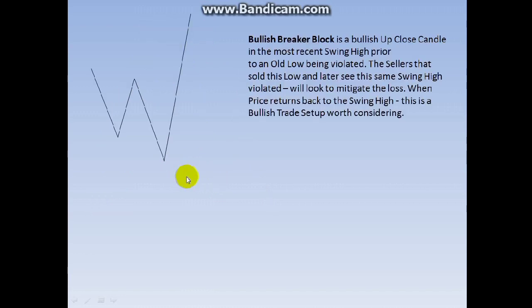So now for a bullish breaker block. A bullish breaker block is a bullish up-close candle in the most recent swing high prior to an old low being violated. So we have this swing high, right? As you can see, price is currently in a downtrend.